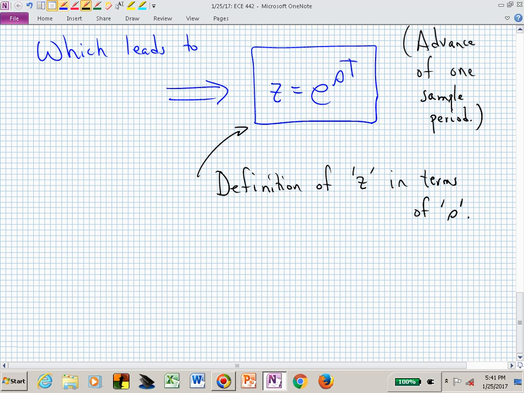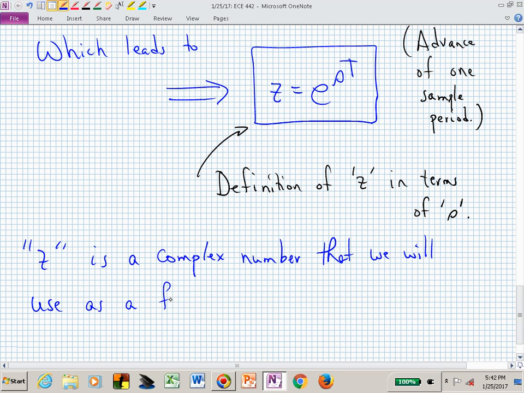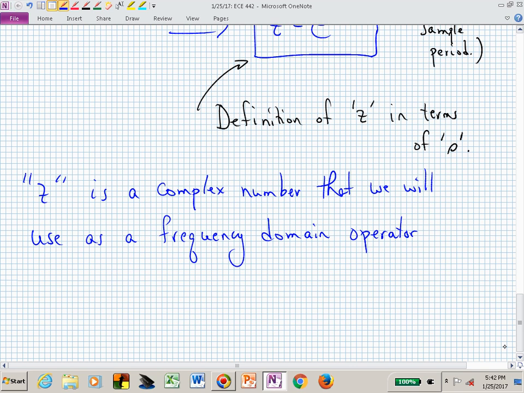But we need to remember that z, as a variable, is a complex number that we will use as a frequency variable or a frequency domain operator for discrete time systems.